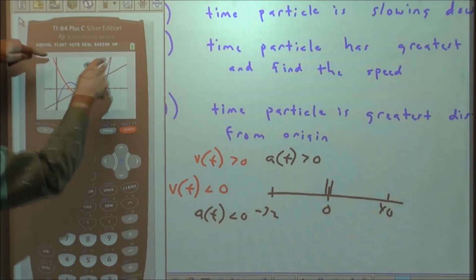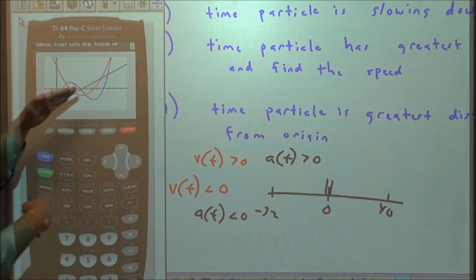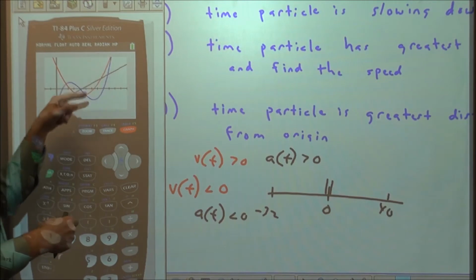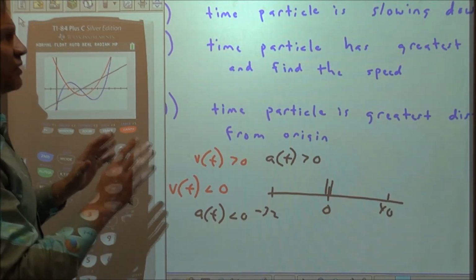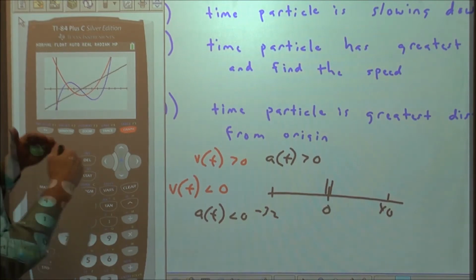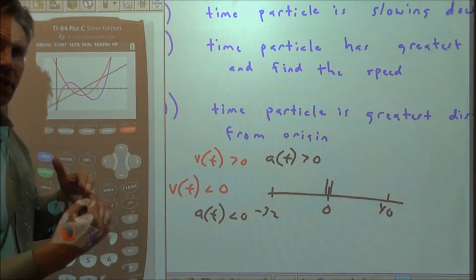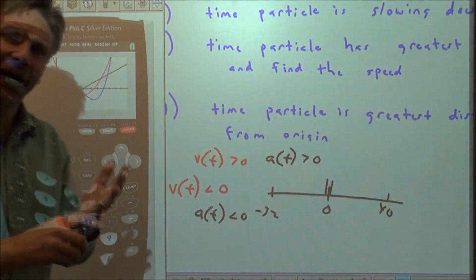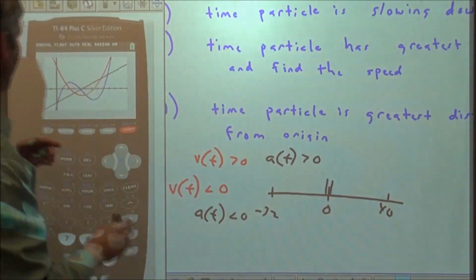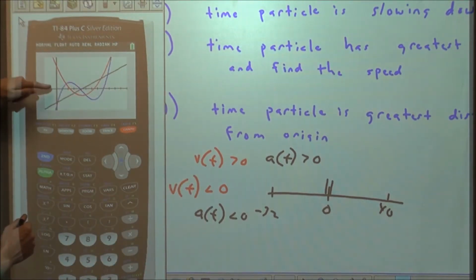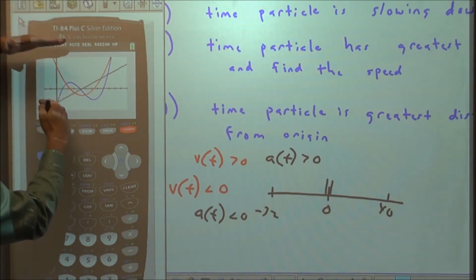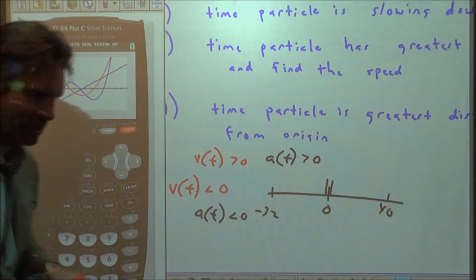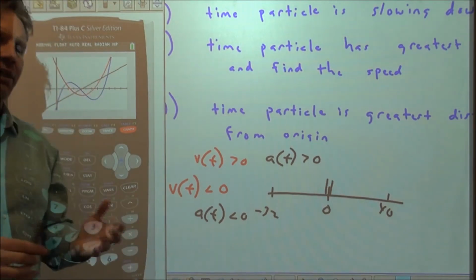These positive velocities are having the bug go a lot faster in the positive direction than it was heading to the left down here. So the greatest speed is the greatest absolute value of velocity, and absolute value is distance from zero. So distance from the origin, from zero, are you a further distance in the positive direction or the negative direction?